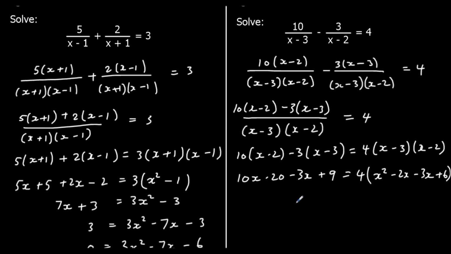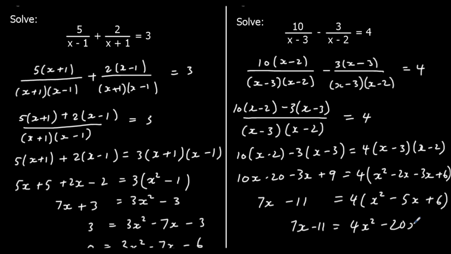Collecting like terms gives us 7x minus 11 equals 4 times x squared minus 5x plus 6. And multiplying by 4 on the right side gives us 4x squared minus 20x plus 24.